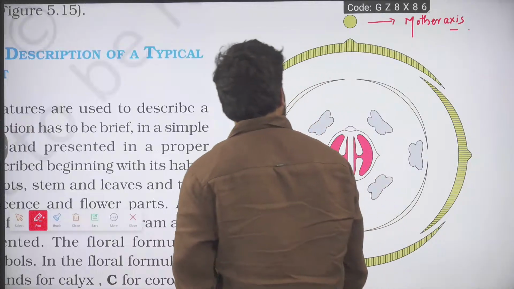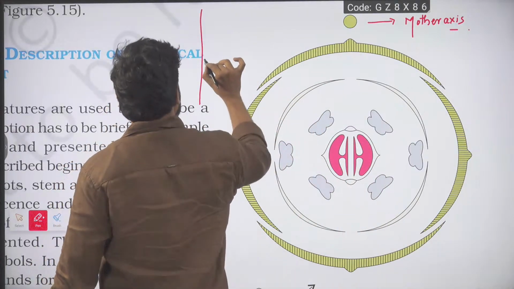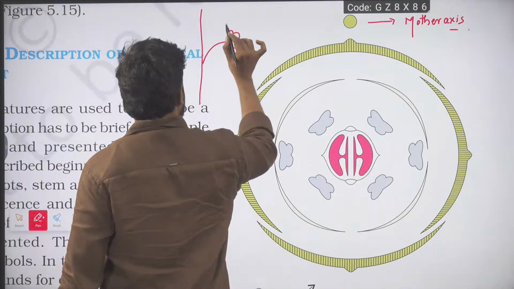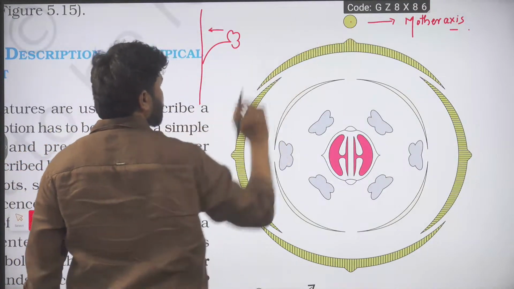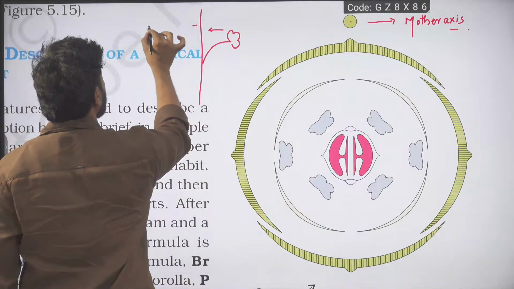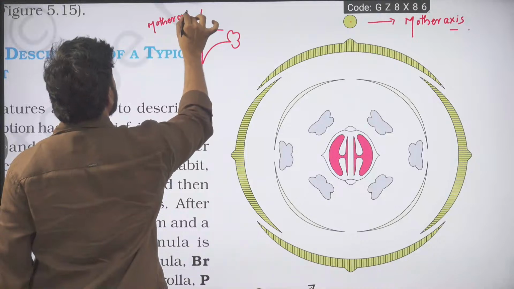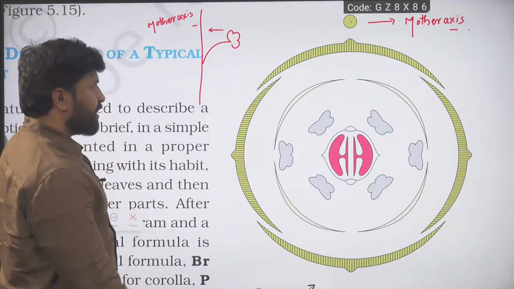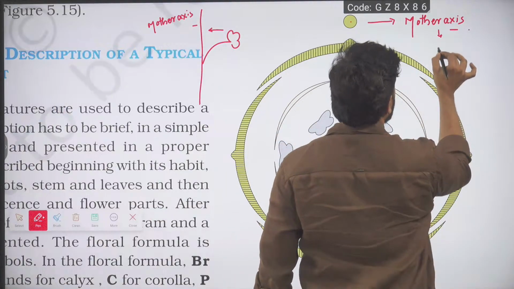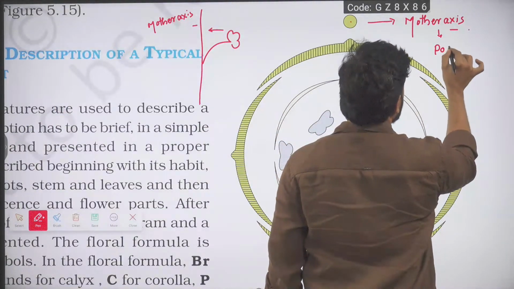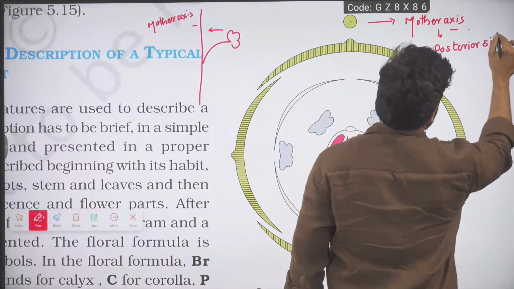What do you mean by mother axis? For example, if it is a stem, this is the flower. This side of the flower is represented by this dot. This is the mother axis. Exactly to say, the mother axis is nothing but an area where the posterior side of the flower would be represented. This is the posterior side.